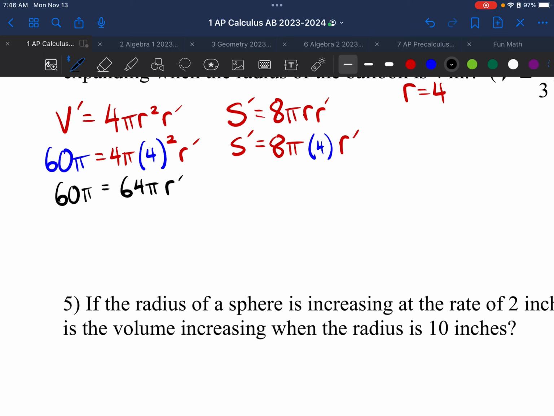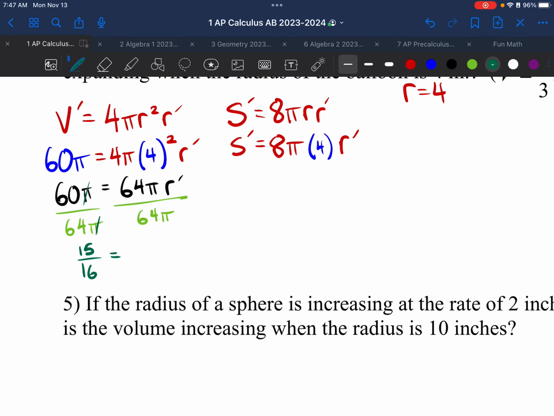Let's go ahead and divide both sides by 64 pi. And when I do that, the pi's and pi's will cancel out. This is going to be 60 over 64. Let's see if we can reduce that. I think I can reduce that by dividing by 4, right? So if I divide the top and bottom by 4, I'm going to get 15 on the top, and 64 divided by 4 goes back to 16, and then pi's are gone.